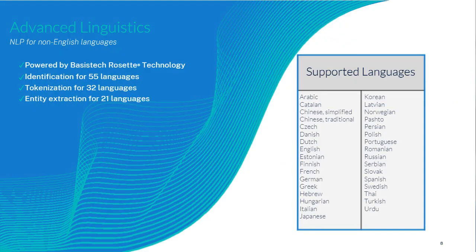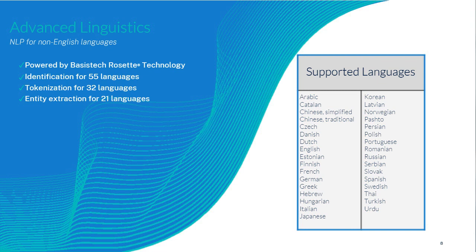Before jumping into our main topics of the day, there are two specific integrations that I wanted to bring to your attention as our current customers. The first is our advanced linguistics package, and this extends what's out of the box with Fusion and adds additional capabilities around how non-English languages are analyzed and evaluated.